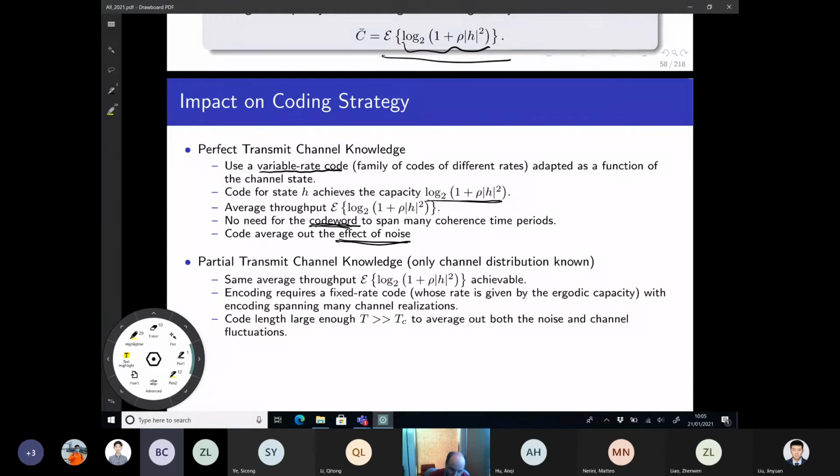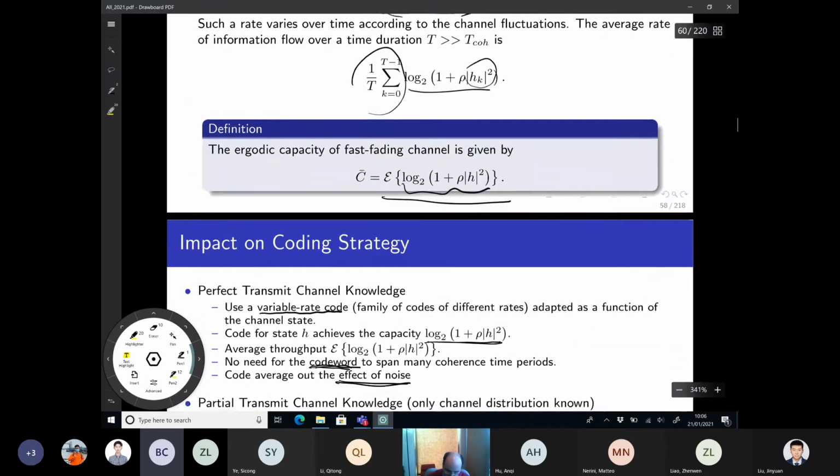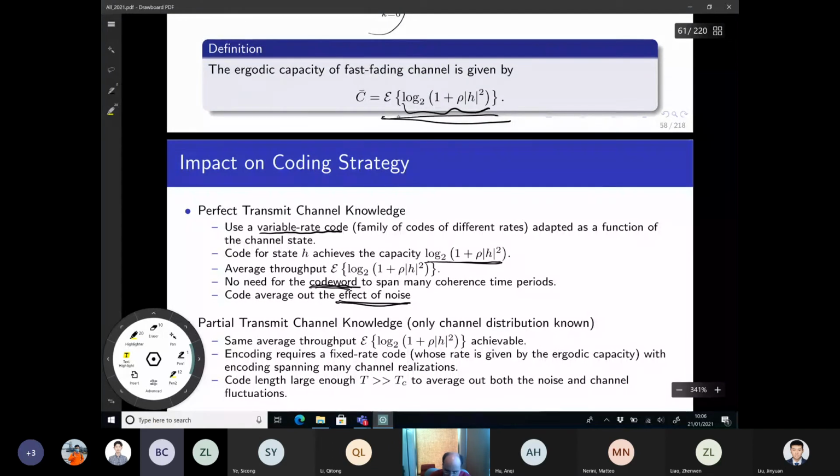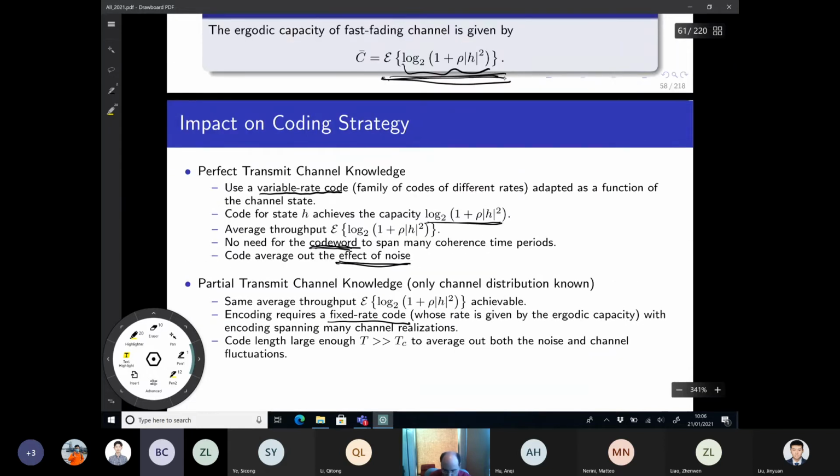On the other hand, if you don't know the channel at the transmitter, then you cannot change your modulation and encoding rate as a function of H_k, right? But if your channel is changing and you have the ability to encode over many realizations of the channel, then what you can show is that you can still achieve the same capacity, the same rate, the ergodic capacity, when you transmit at a fixed rate given by this rate here.